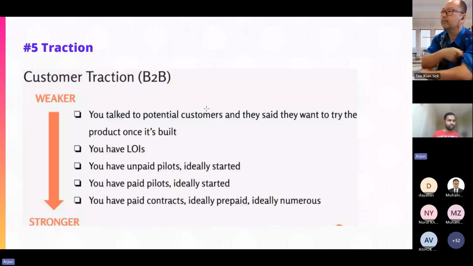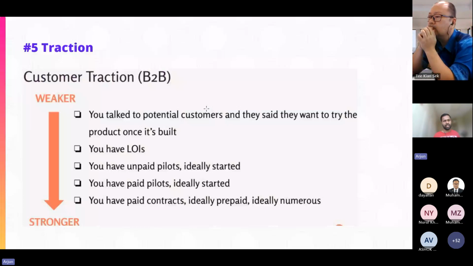Basically, they will either give you a letter of intent stating that they are interested to buy this product, or maybe an unpaid pilot agreement, or even better, a paid pilot agreement if they are so confident of you to build this product, or maybe they will even issue a purchase order or a paid contract as well. So these are some of the stronger tractions that you should aim for when you are building a business.